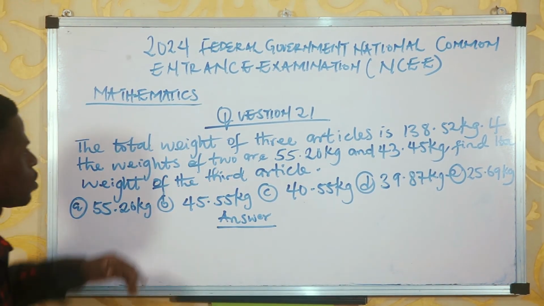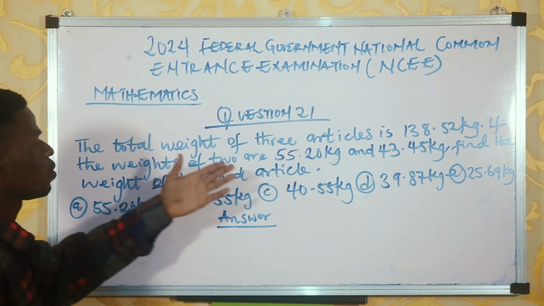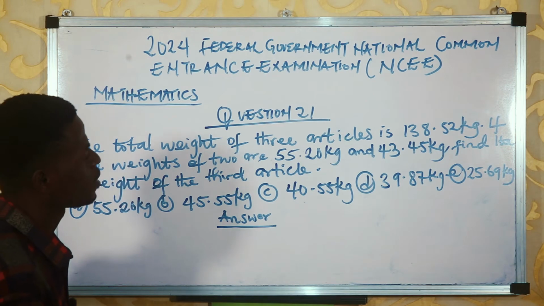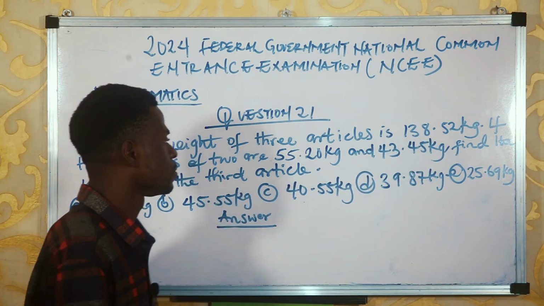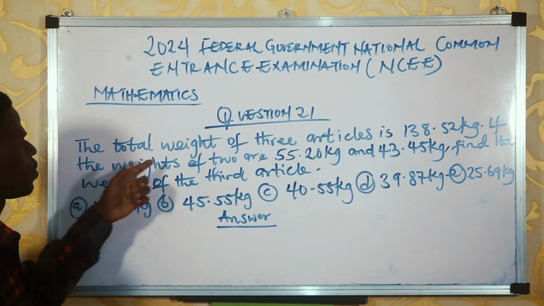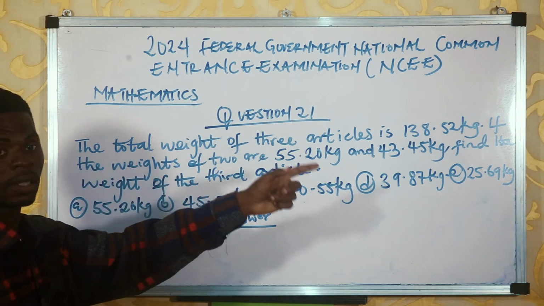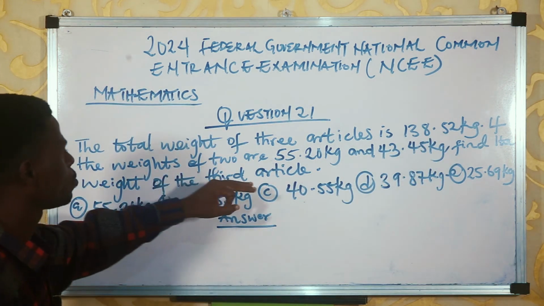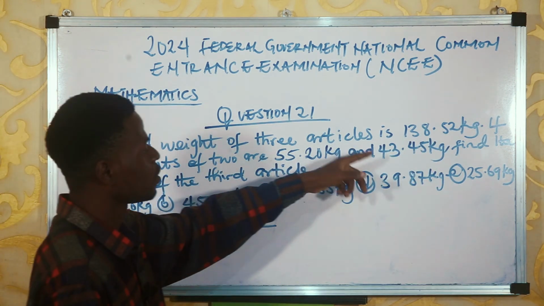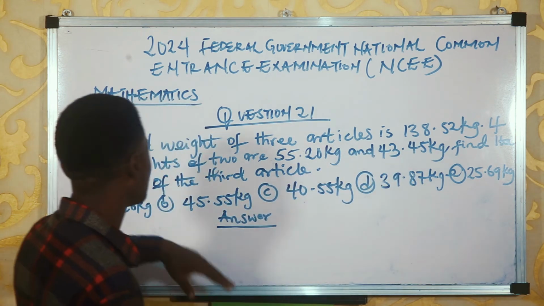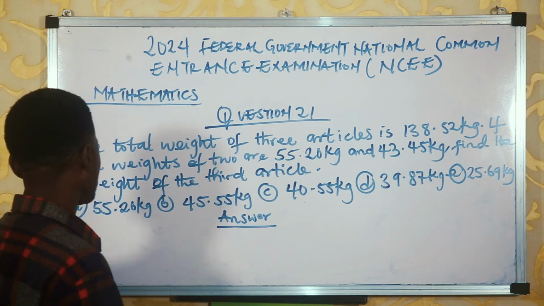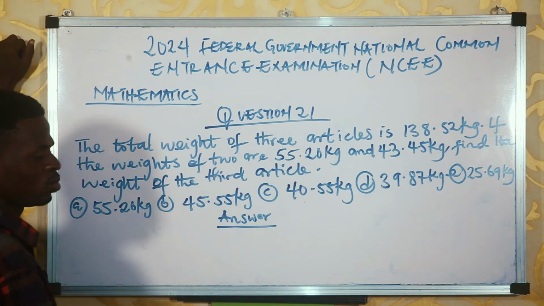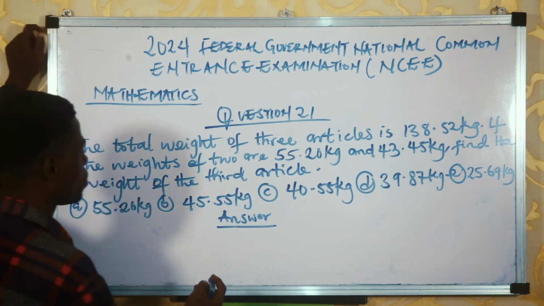Question 21 says find the weight of the third article, given that the total weight of 3 articles is 138.52 kilogram. If the weight of 2 are 52.20 kilogram and 43.45 kilogram, find the weight of the third article. The third article is unknown, and it is what we are looking for.